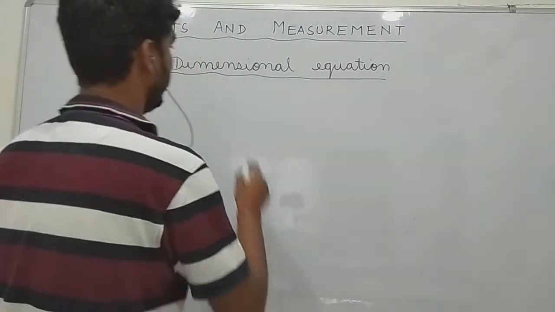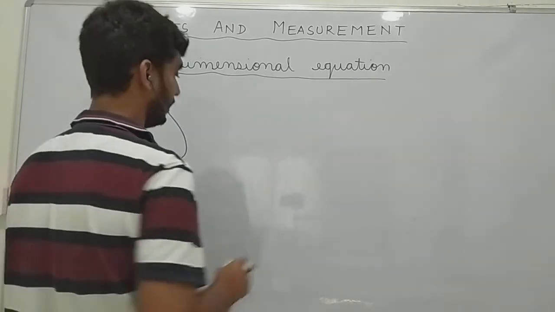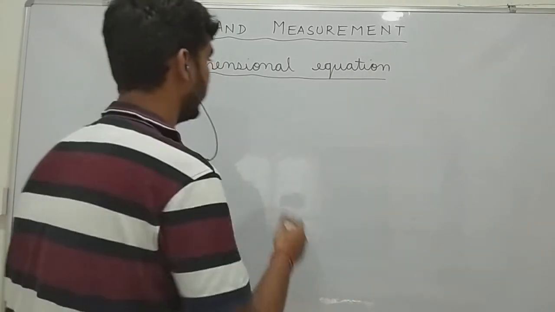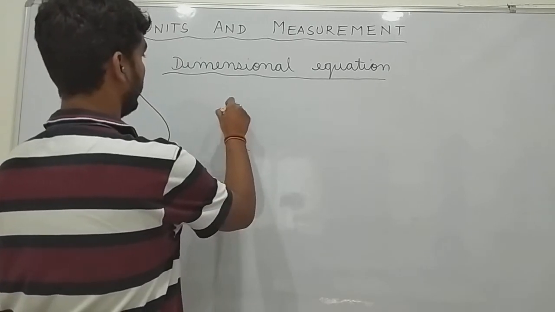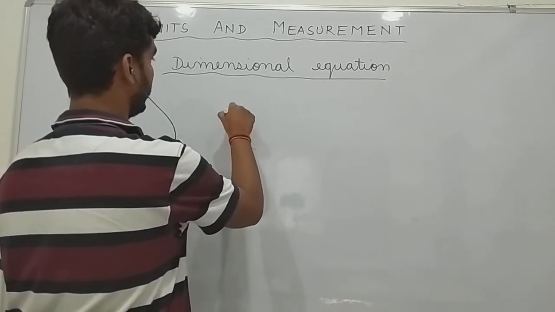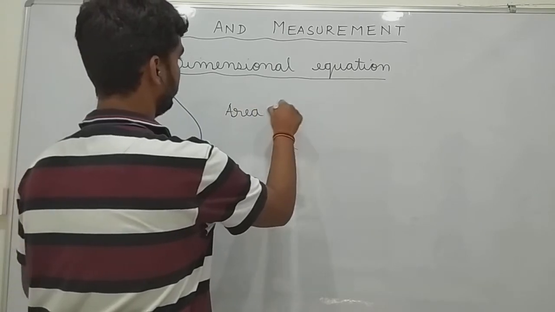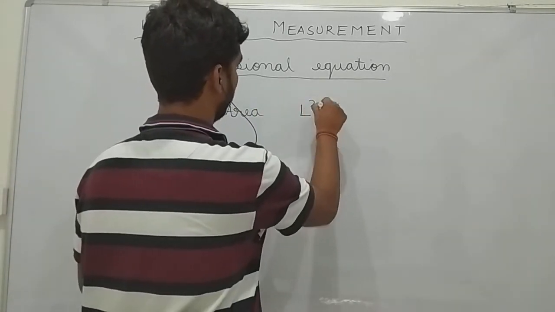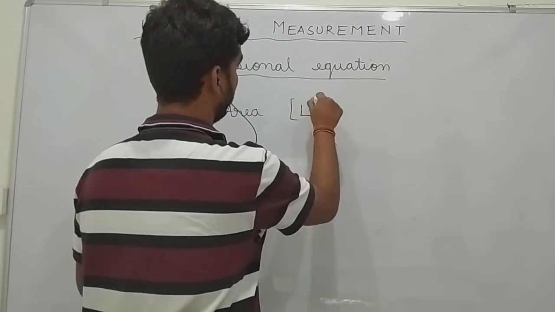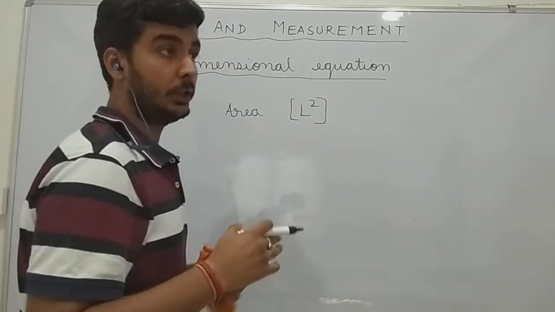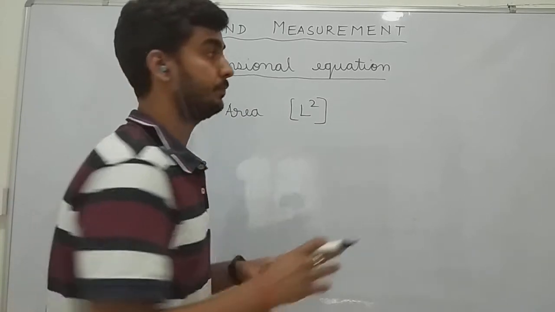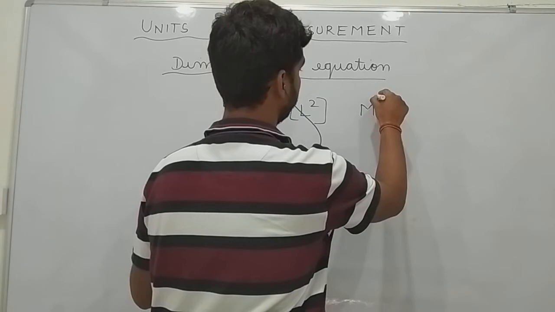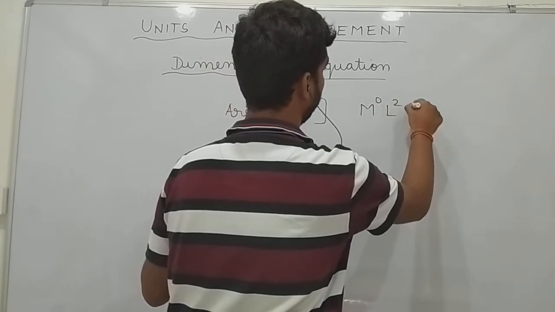For example, yesterday we were discussing dimensions of some of the derived quantities or physical quantities such as area. The dimensional formula for area was L square. So in most of the textbooks, to give it a more standardized form, they represent all the dimensions in terms of mass, length and time: m0 L square t0.